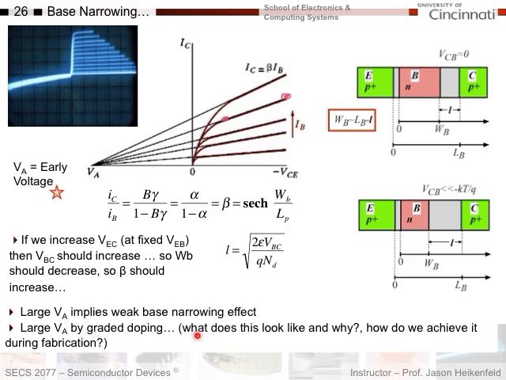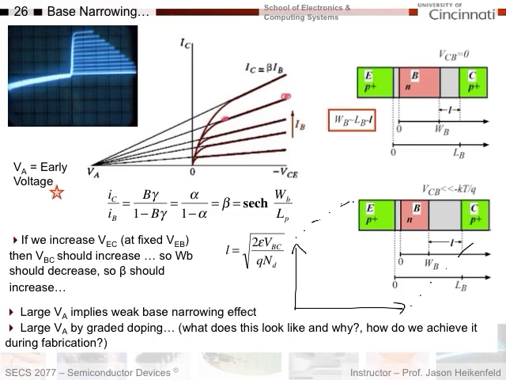So you might ask yourself, what might that look like and how does it work? So, again, when we make a BJT, if this is looking into the BJT, we'll basically map, in this direction here, the doping on the y-axis.